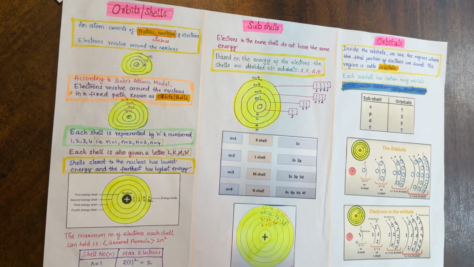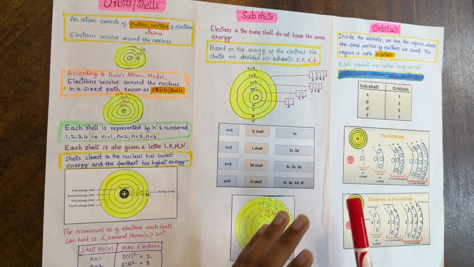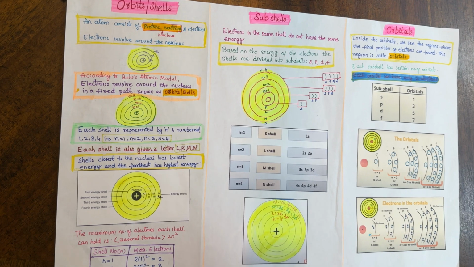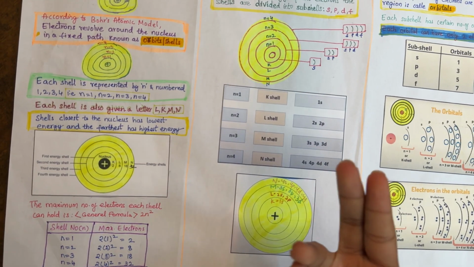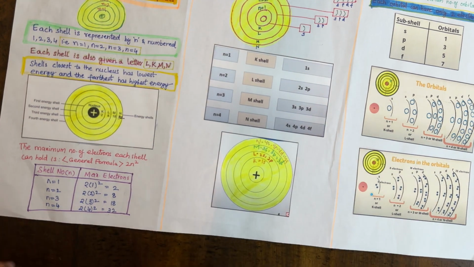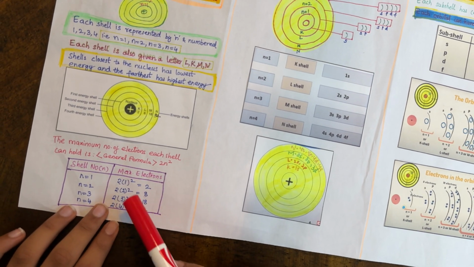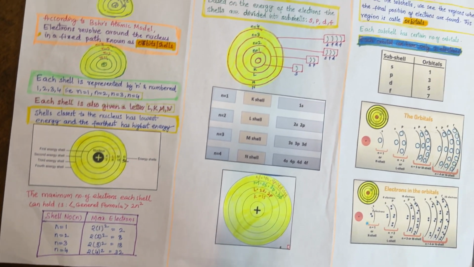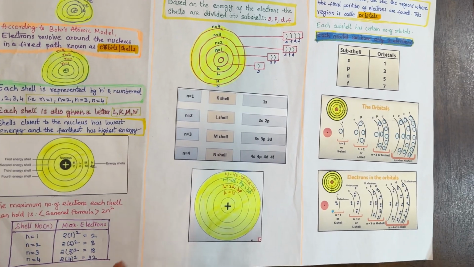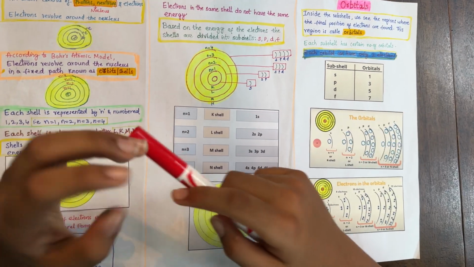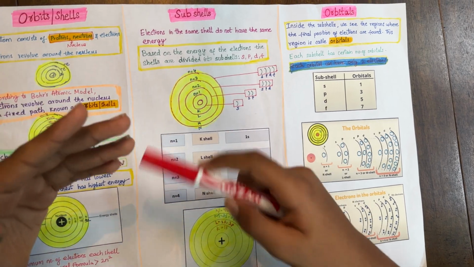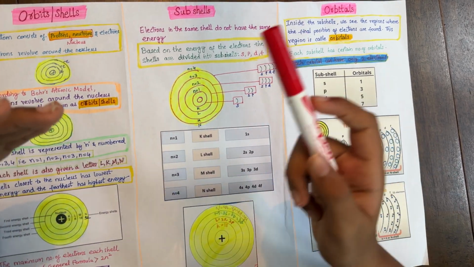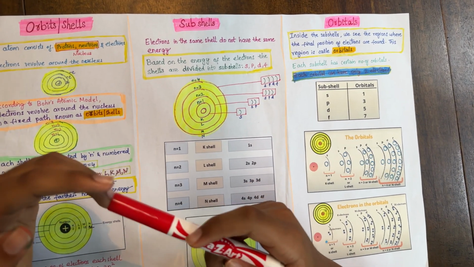Basically, the difference between shells, subshells, and orbitals is that shells are classified into 4 different rings. Those rings are K, L, M, and N. We can use the formula 2n squared to get the number of electrons based on Bohr's model. A shell can be split into subshells based on the amount of electrons they currently hold, and also based on the energy each electron has.